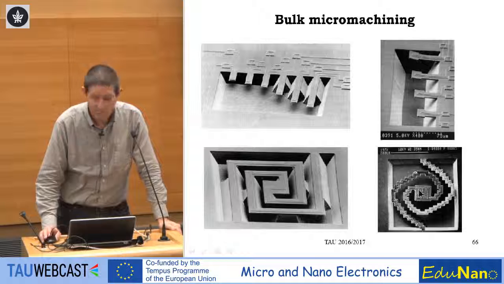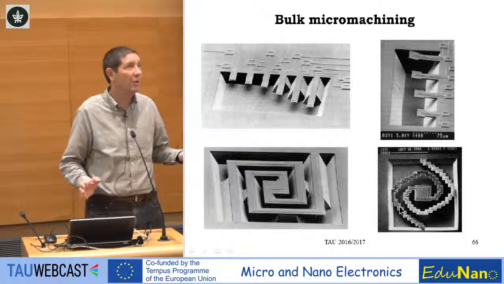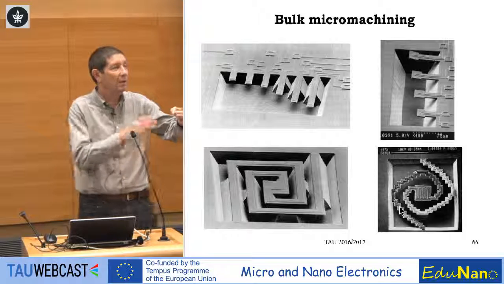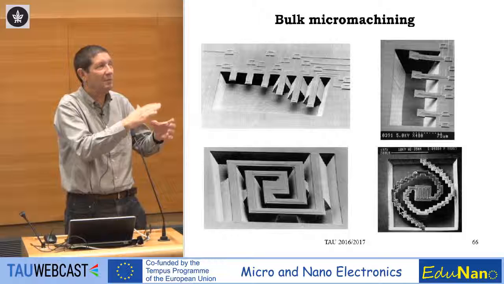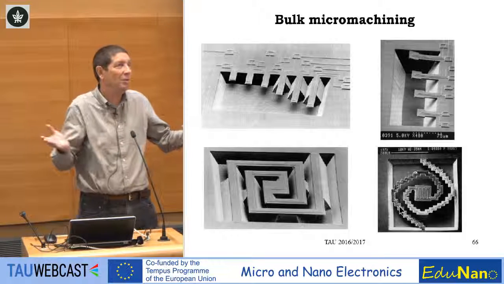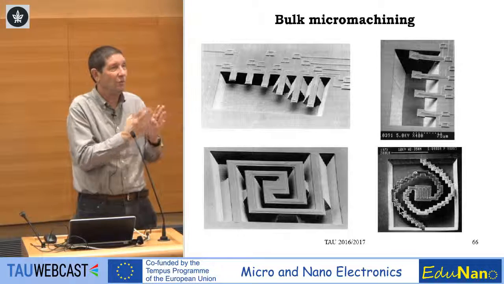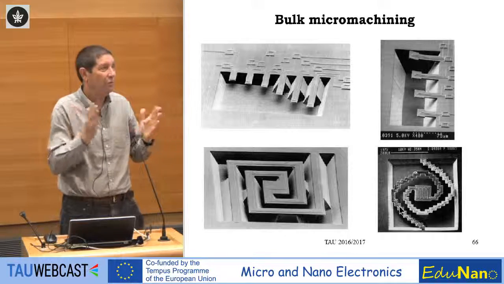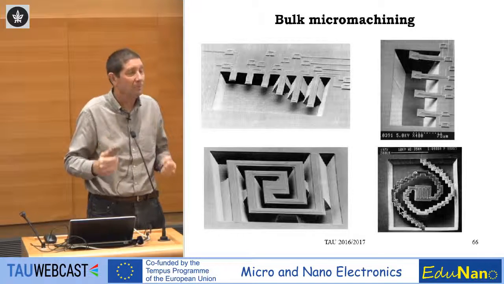You can make really interesting springs. Springs are used for accelerometers, because if a mass is connected to a spring, the deflection of the mass is proportional to acceleration, because of Newton's law, F equals m times a, and the force equals k times x. So if you measure x, you can measure acceleration if you know the spring constant.